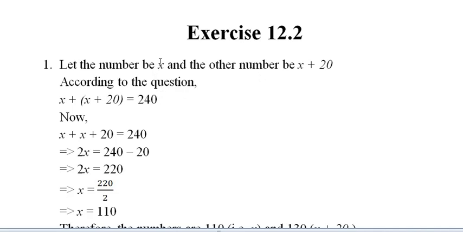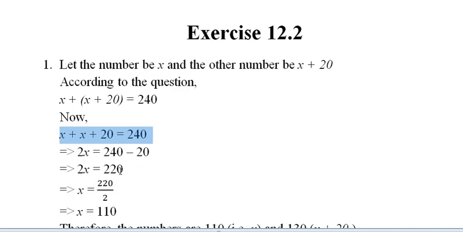So x plus x plus 20 will be equal to 240, and this is according to the question. We can write the equation: x plus x plus 20 equals 240. You can open the bracket at this stage.